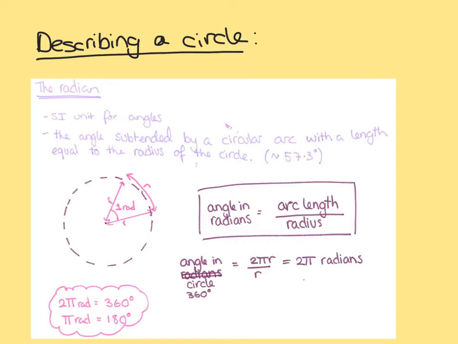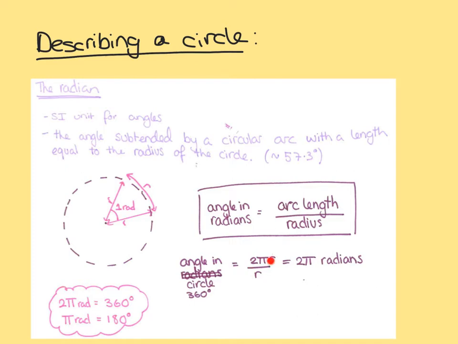If you want to convert between the two, the angle in radians is the arc length divided by the radius, so that's how we calculate it in radians. And if we imagine the arc length was the whole circle, that's the circumference, and that's 2πr.